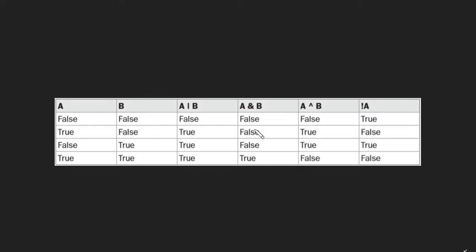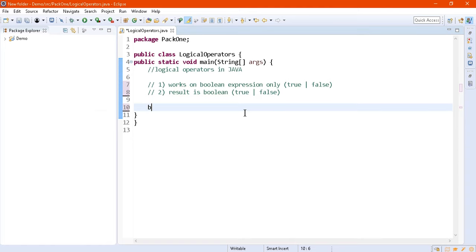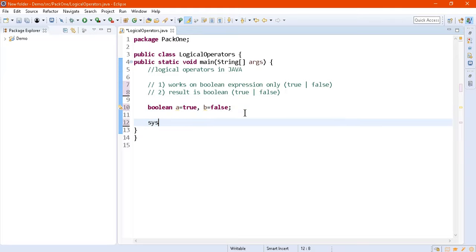Now let's see how we can use these operators in our code. So let's declare a Boolean variable A and assign it the value true, and I'll have another one, B, and I will assign it the value false. So if we talk about various operations, then I can do something like this.